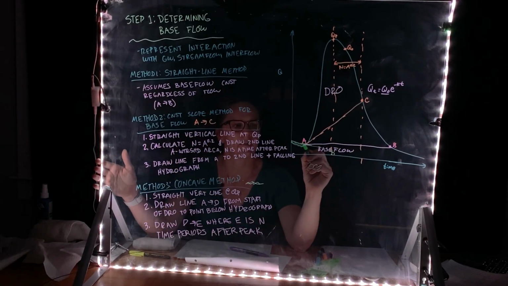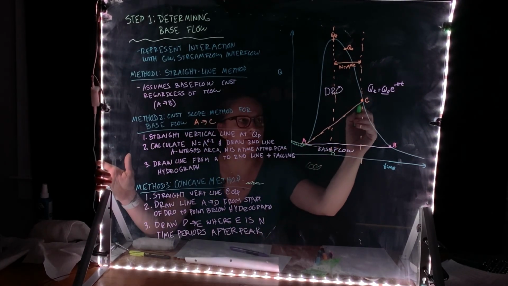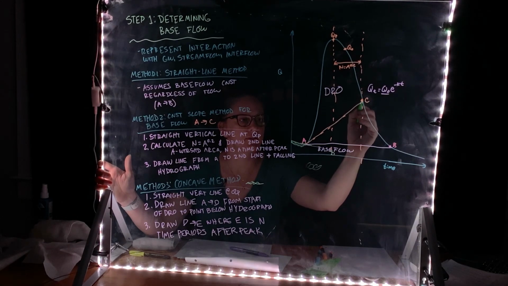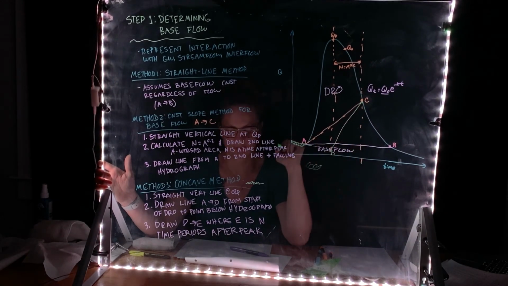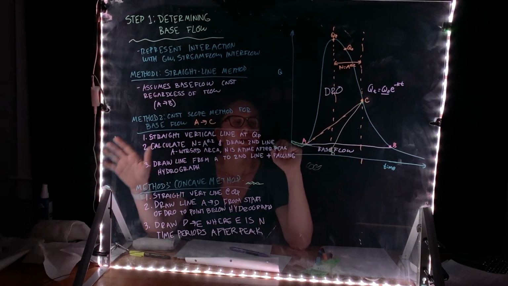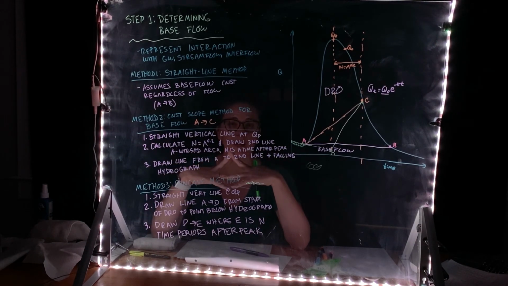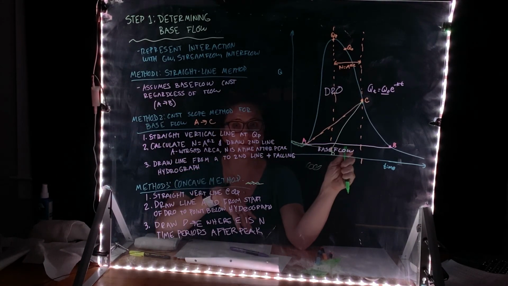We're going from A to D, and this is the same point as the previous one, so it'll look like this. Okay, so 3 different ways to calculate base flow.